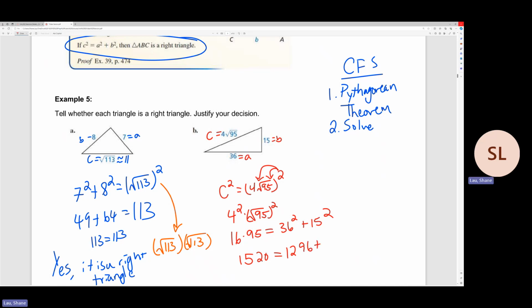And 15 squared is 225. You add those up, we get 1521. So 1520 does not equal 1521. Because they are not equal to each other, it's not a right triangle.